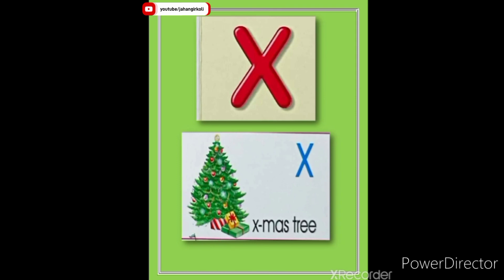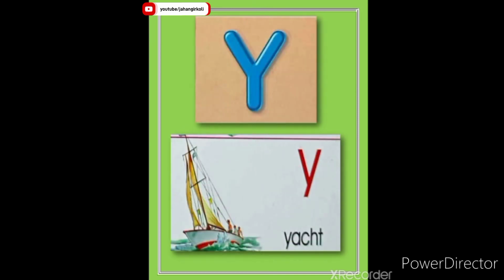X-M-A-S T-R-E-E, Xmas tree. Y is for yacht. Y-A-C-H-T, yacht.